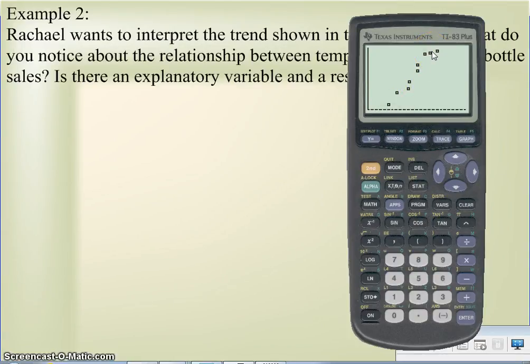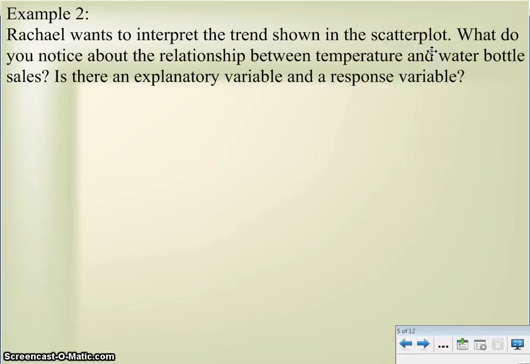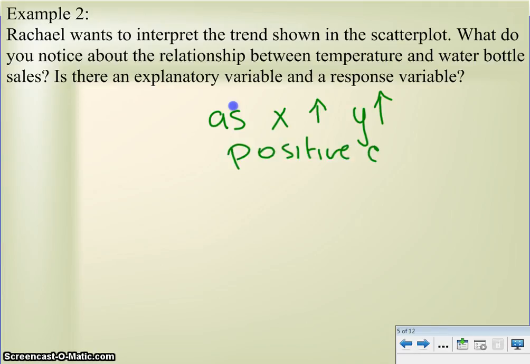As values of x are going up, values of y are also going up. So as x increases, y increases, which means that there is a positive correlation.